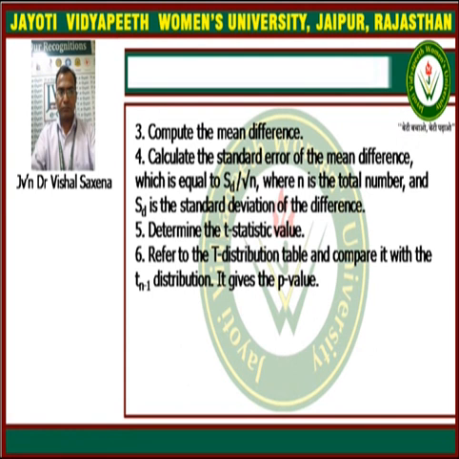Then refer to the t distribution table, and compare it with the t distribution with n minus 1 degrees of freedom, and it gives the p value.